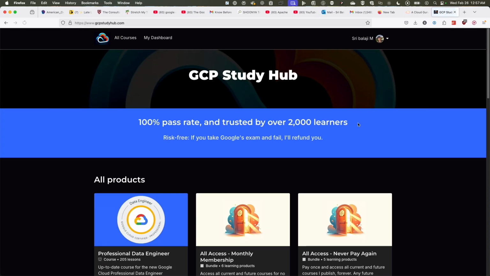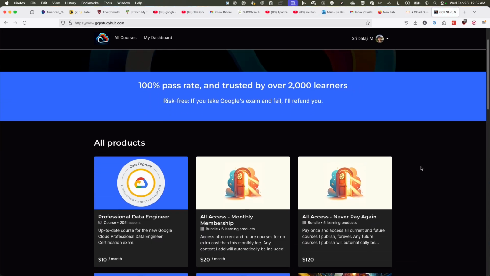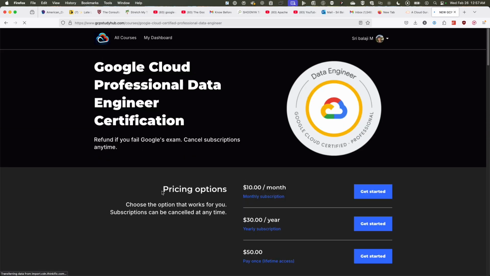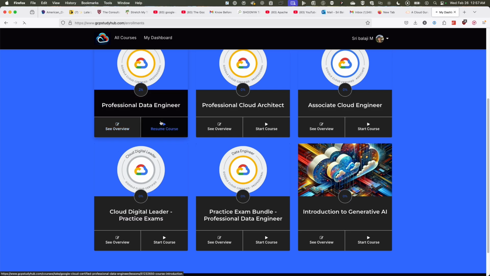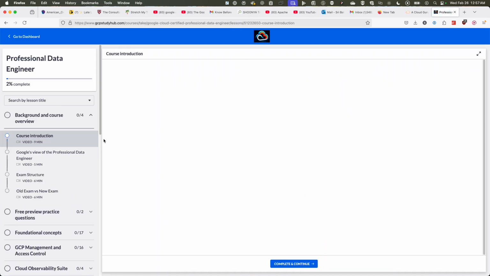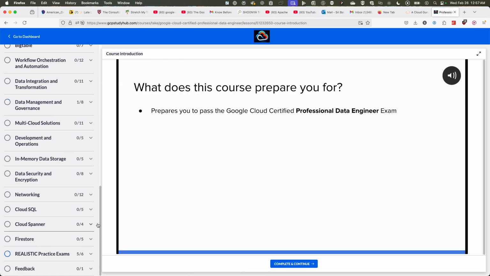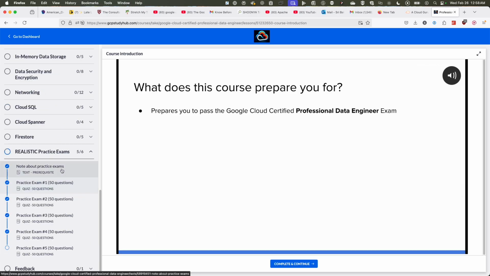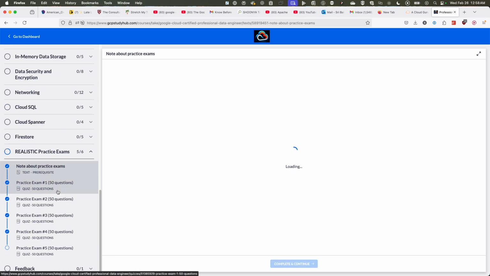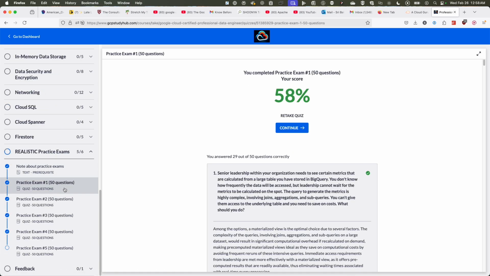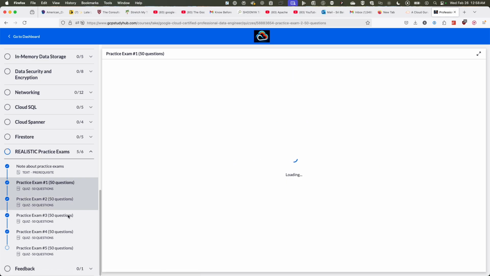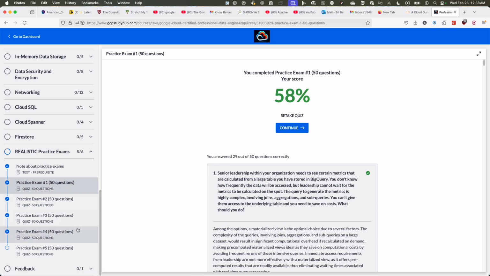For the practice exam, I used GCP Study Hub. I got this course, and in the Professional Data Engineering course, they actually have five practice exams, as you can see here. I completed all of them, apart from the Cloud Guru exam.